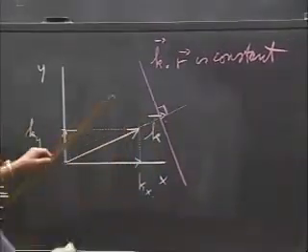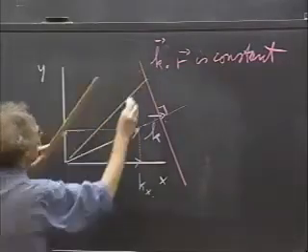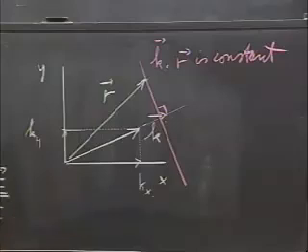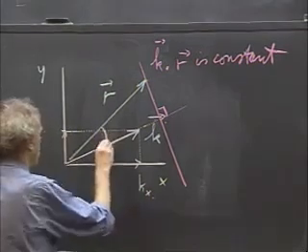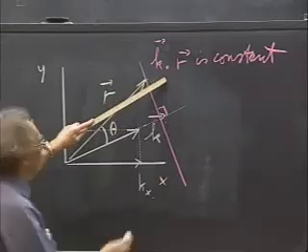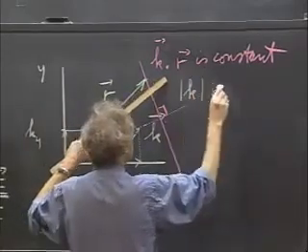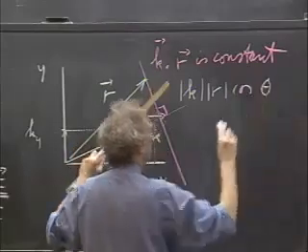You can see that immediately. If this is my vector r, which is the position vector in space given by the relation that you see there, then this angle here between k and r, I call that theta. Then k dot r is a scalar, the magnitude of k times the magnitude of r times the cosine of theta.